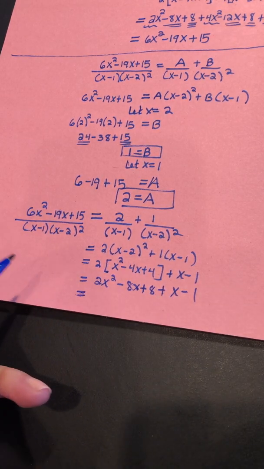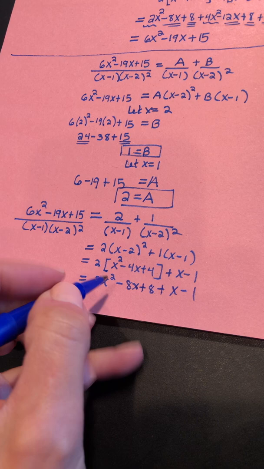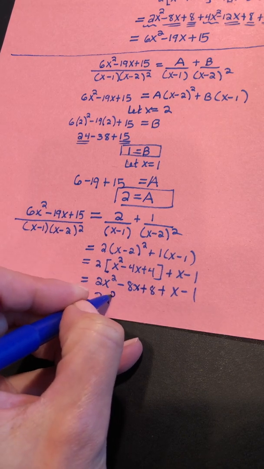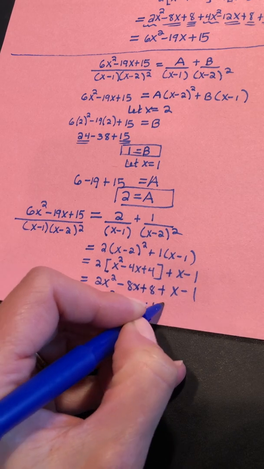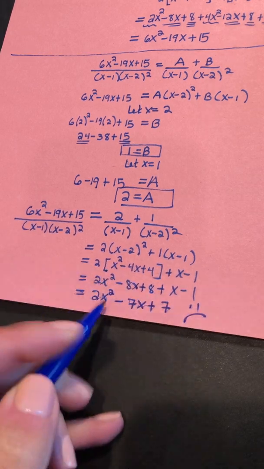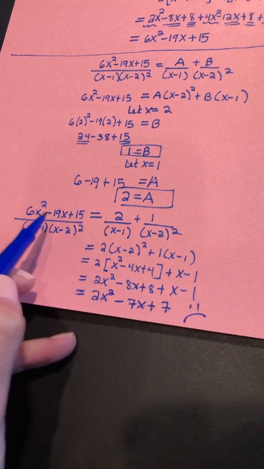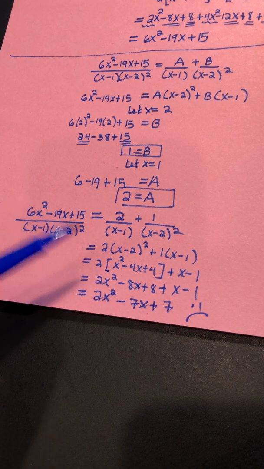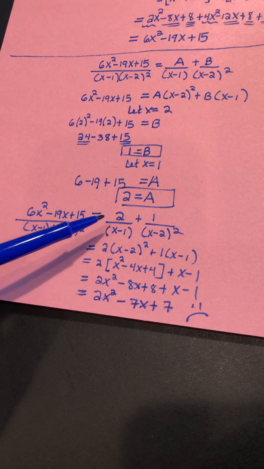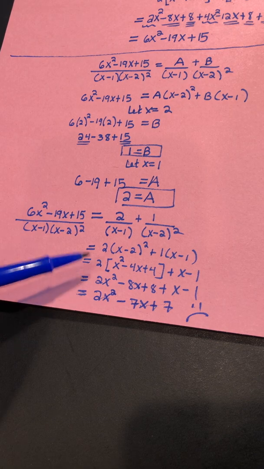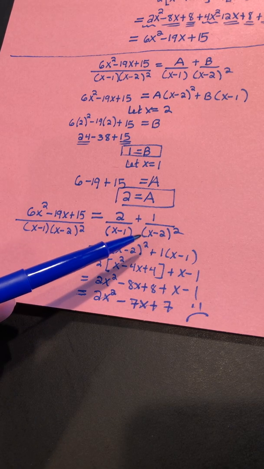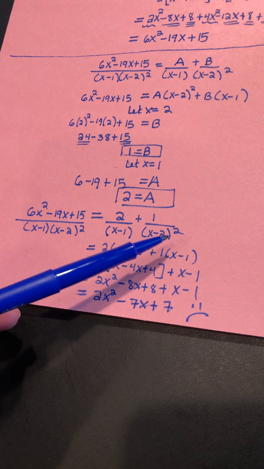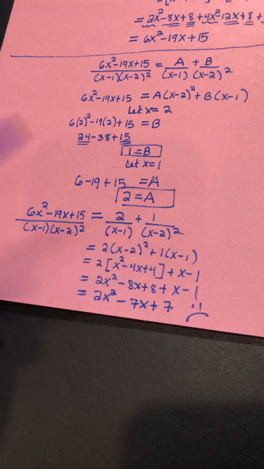Combining like terms, I get 2x squared minus 7x plus 7, which is not equal to what I started with. So I'm hoping this illustration indicates why, when you write out the repeated factor, you need that extra term, okay?